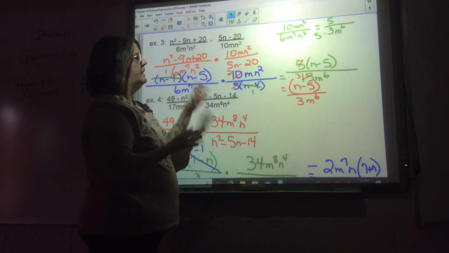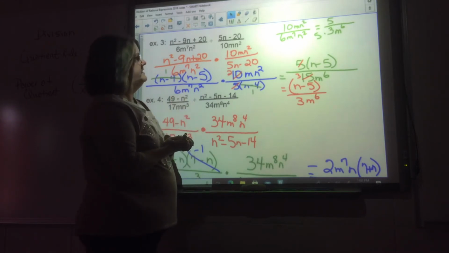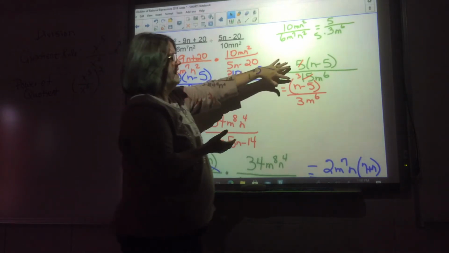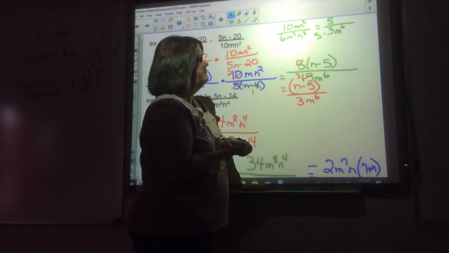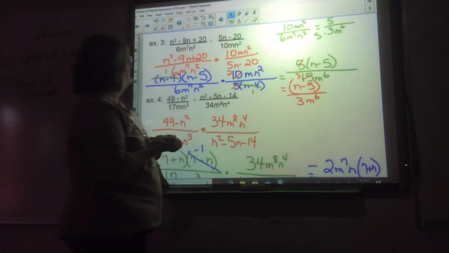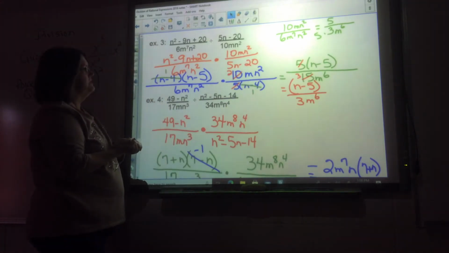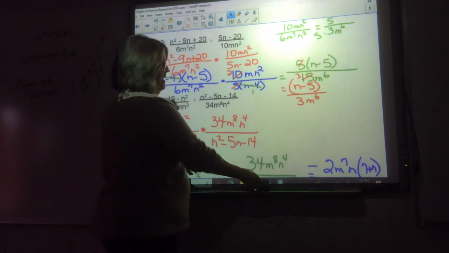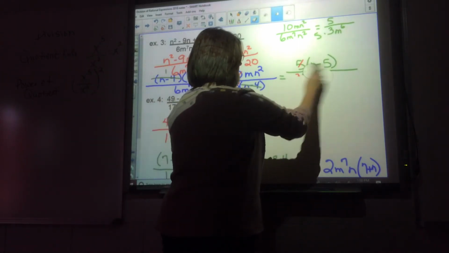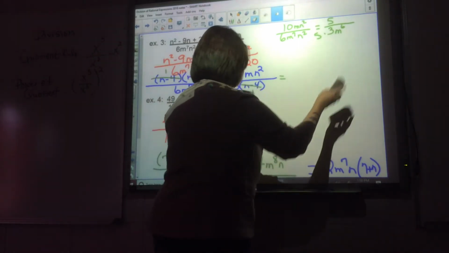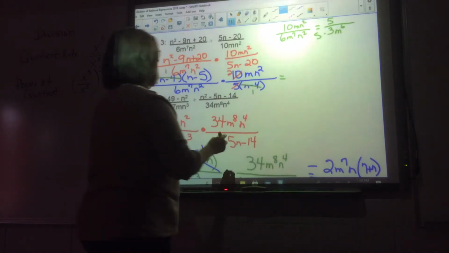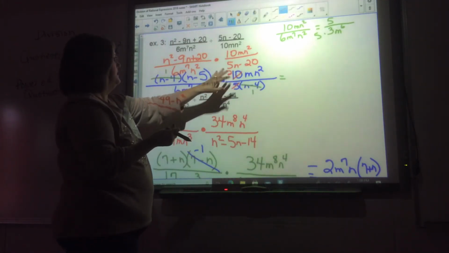Anyway, this gives us this 5 times n minus 5 over 15m to the 6th. Because I'm going to do this problem from start to finish. I don't like the way it looks right here. We're just going to go across through here. All right. Now, 5 goes into 10 twice.